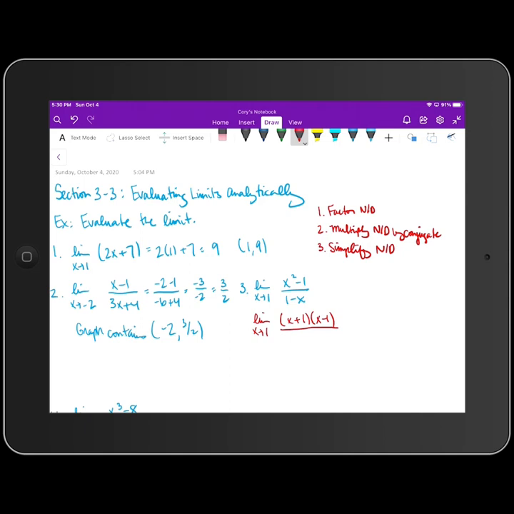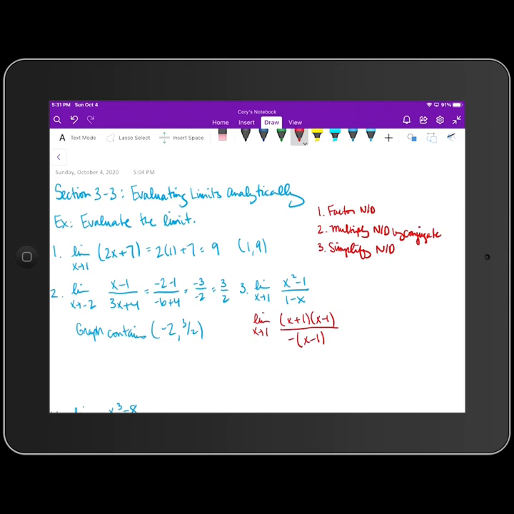So when you have factors that are additive inverses, you can factor a -1 out of one of the expressions. If I factor a -1 out in the denominator, that is going to give me the resulting factor in the numerator, because the opposite of x minus 1 is 1 minus x in that denominator.